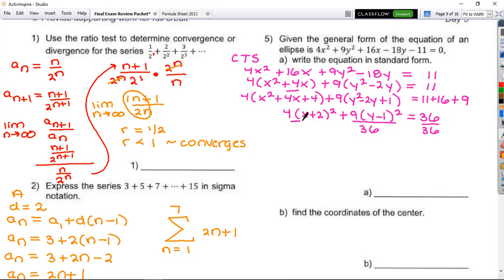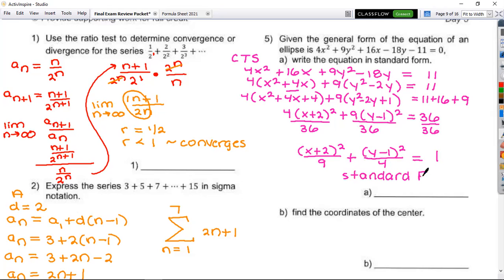And this is your first answer. So my equation is going to say x plus 2 squared over 9 plus y minus 1 squared over 4 is equal to 1. Okay, so that is standard form right there. So this is your answer for standard form.